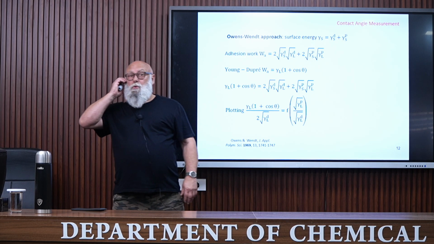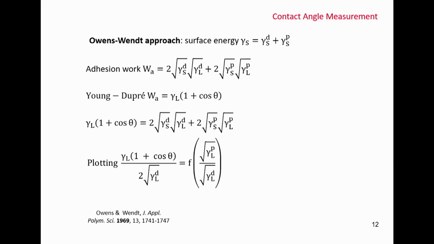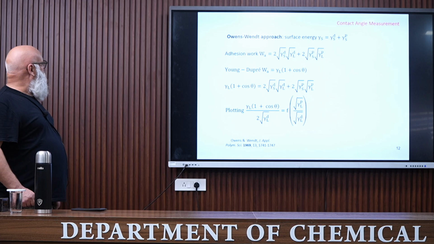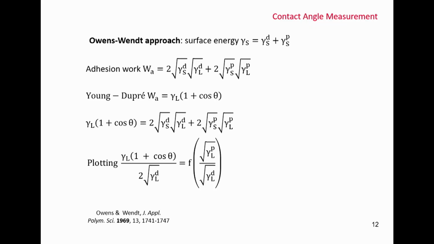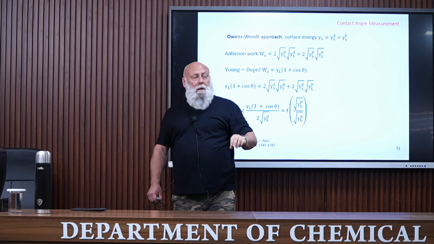So it's possible to quantify this experiment also. There are different approaches, but for cellulose, usually the Owens-Wendt approach is used. It is used because the surface tension in this approach is divided into two terms.